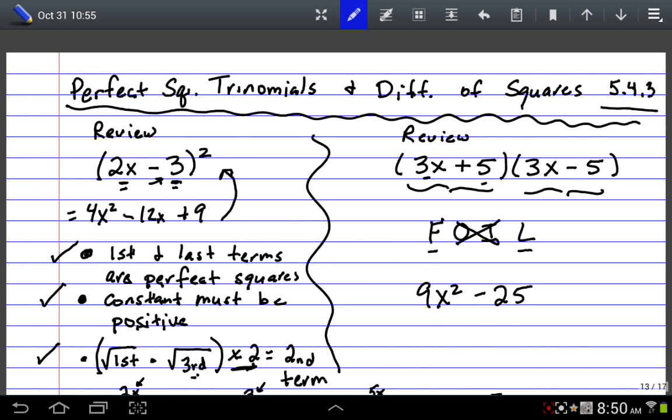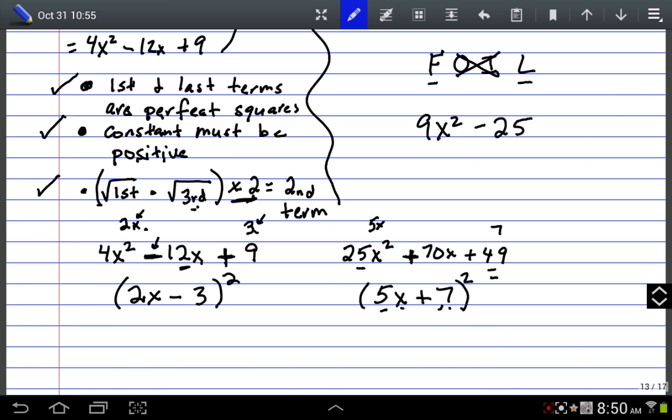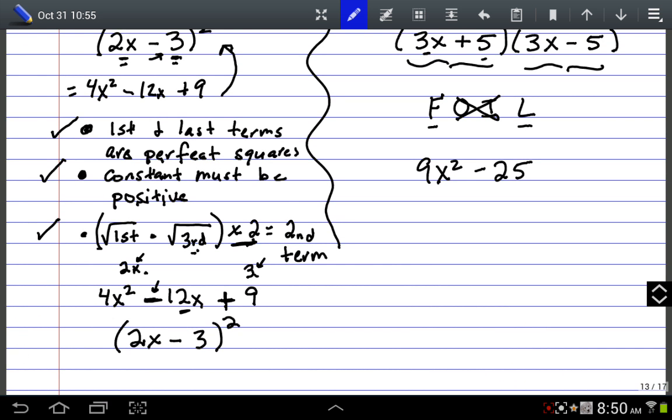Now this, what we have here now, let me clean off some of this real quick. What we have in this case is a difference of squares. Okay, so let's make a little list just like we did with the other. Now notice how a difference of squares and perfect square trinomials both involve perfect squares, but they are definitely different looking. Notice in this case that a difference of squares is a binomial. It's not a trinomial.